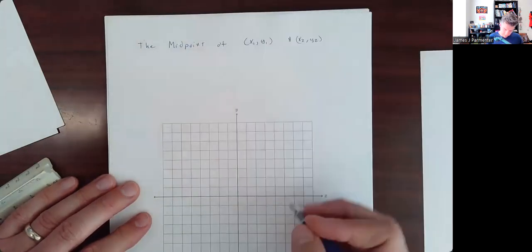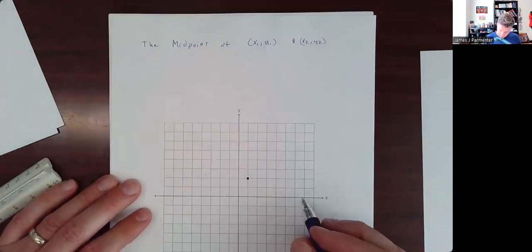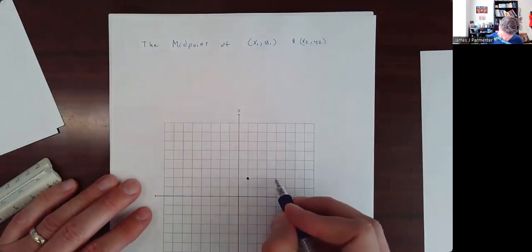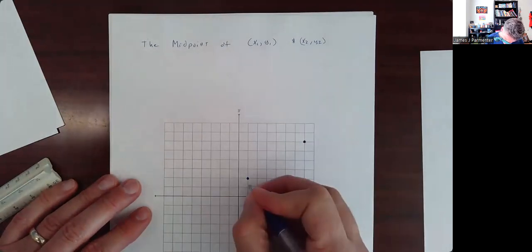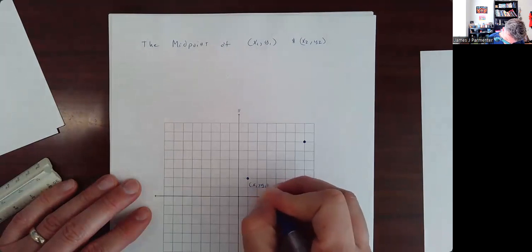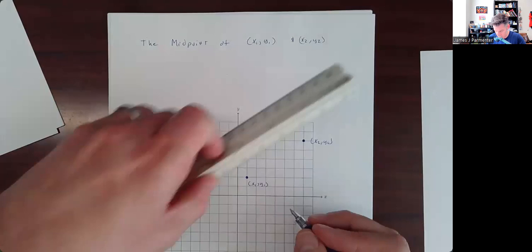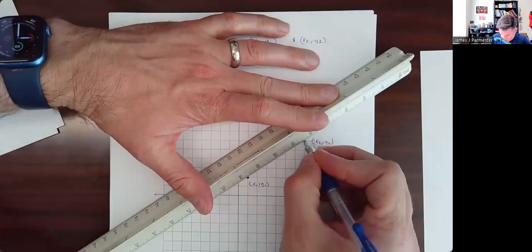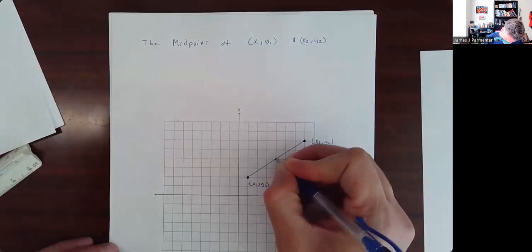If I do something similar graphically, let's make it easy to draw: over 1, 2, 3, 4, 5, 6, and then 4. Let's call this x1, y1, and this x2, y2. The midpoint of those 2 points is going to be right there.